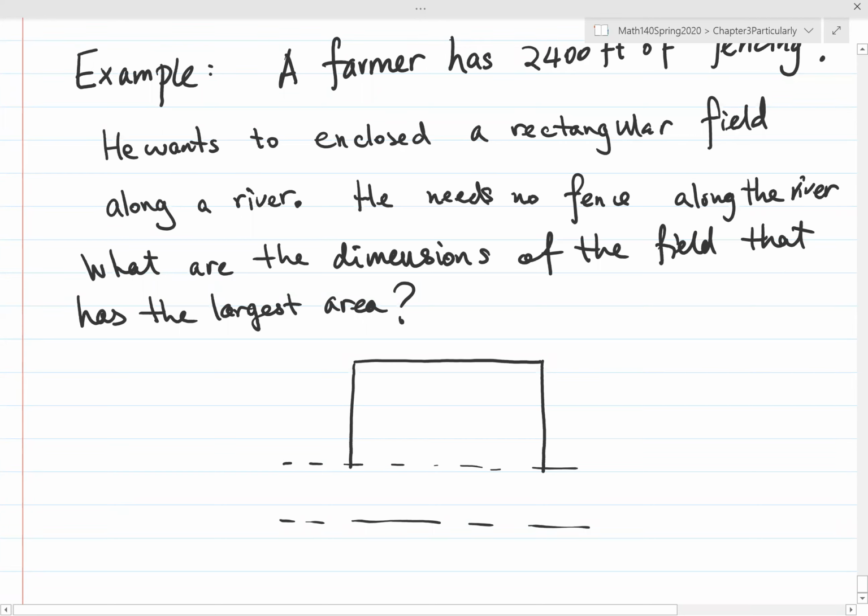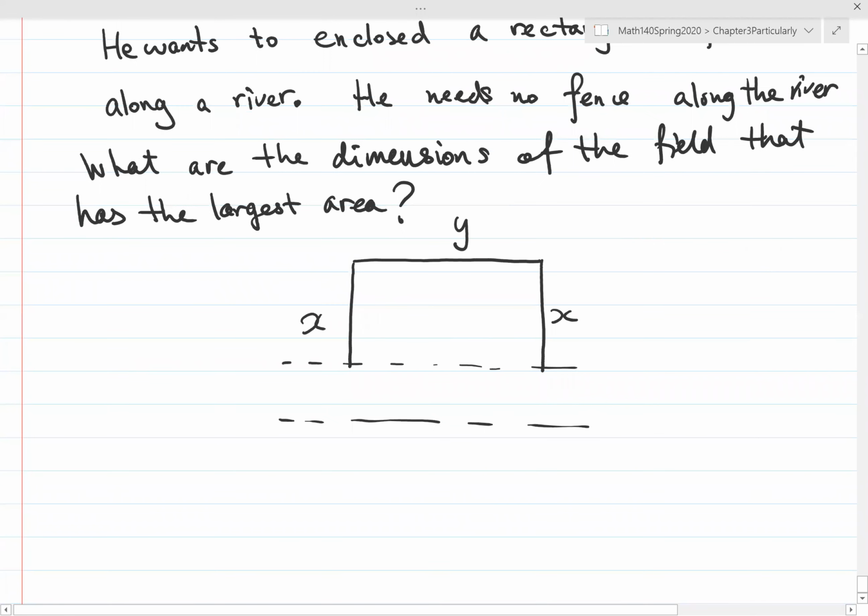The area of the rectangle is very easy to find: length times width. Let's suppose its width is x and length is y. Once you have this kind of practical problem, try to plot a graph and put variables in it, then find your goal function.